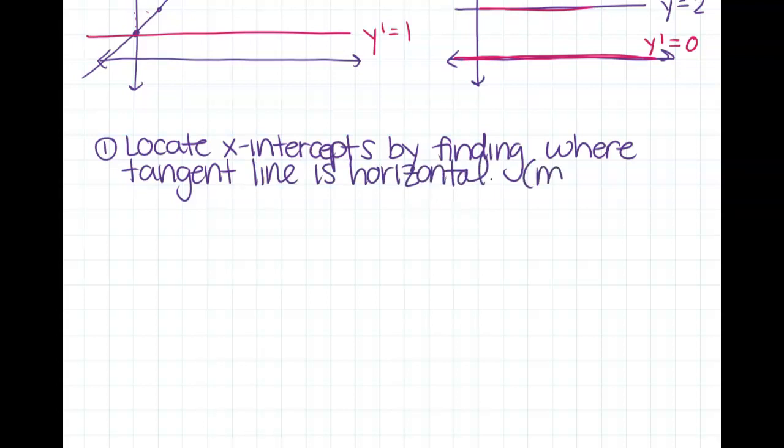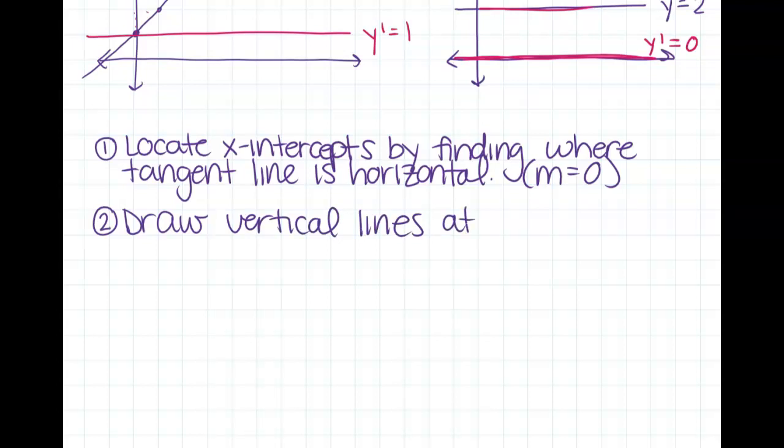Basically looking where the slope, or m, is 0. Then we draw vertical lines at our x-intercepts.